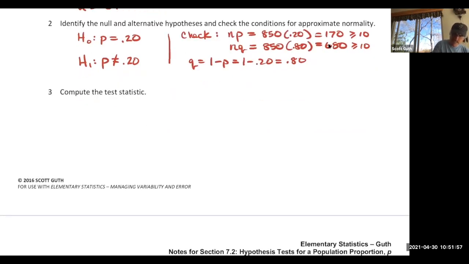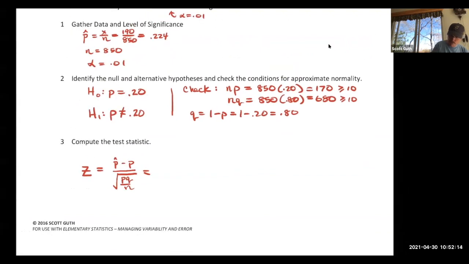Now the test statistic is our z-score. Remember, our z-score is the p hat minus the assumed value for p over the standard error, which is the square root of pq over n. Okay, so our p hat is 0.224. The p is 0.20. These are different. I don't know how significant it is.